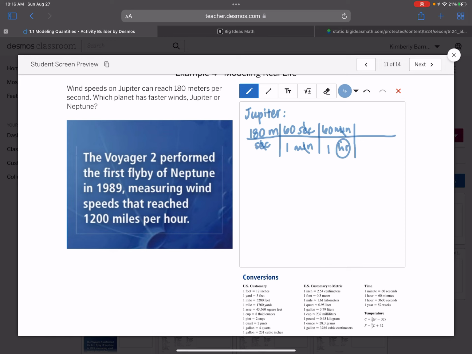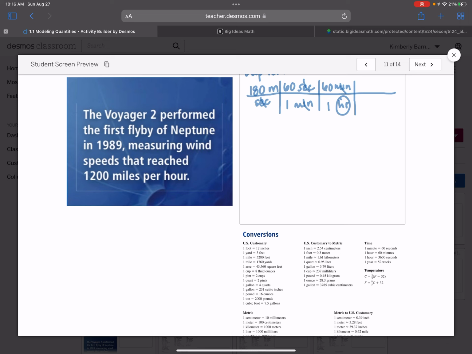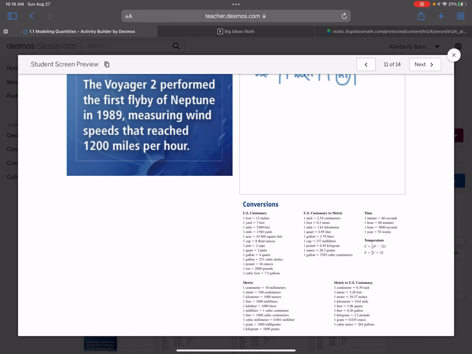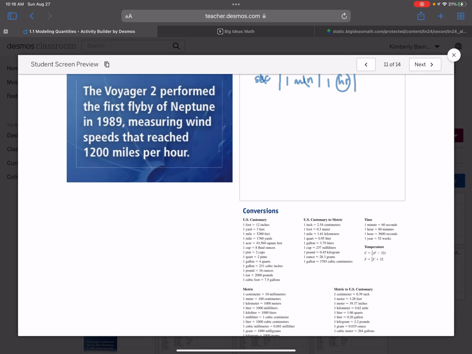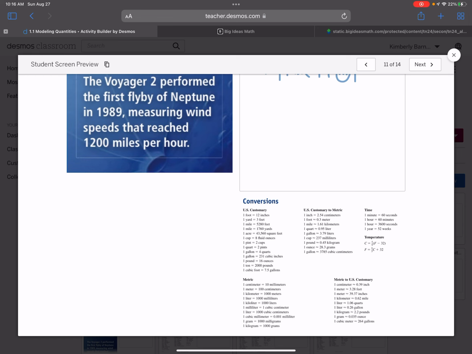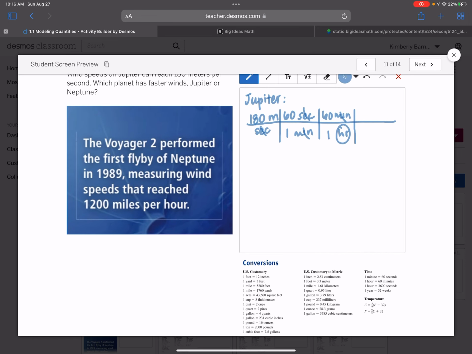And then I want to go meters to miles. So looking down here, I can go meters to feet and then feet to miles. Or I could go meters to kilometers and then kilometers to miles. It's all up to what you are more comfortable with. But I'll do feet. So 1 meter is 3.28 feet.